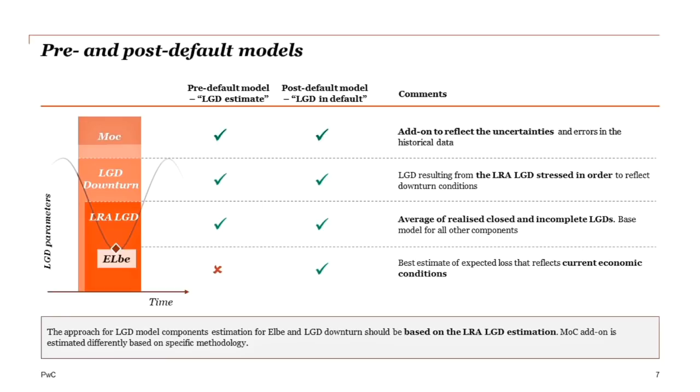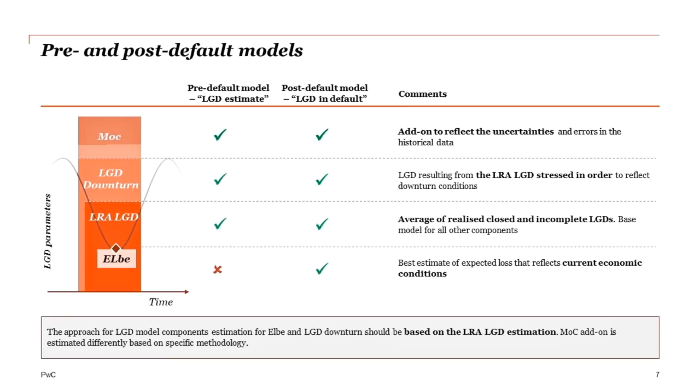The pre-default model is designed and set up based on data that has been available at the time of default or before the default, and the post-default model has been designed based on the available data upon the default until the end of the so-called recovery period. We are looking at the same phenomenon at different points in time.